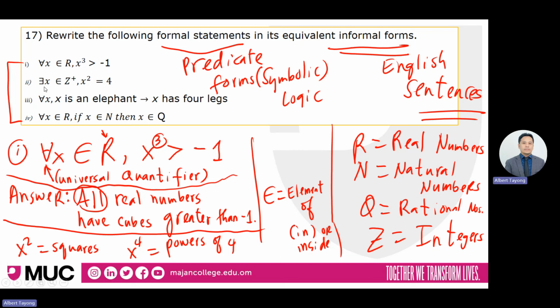Number 2 here we have this: there exists x in Z plus, such that x squared is equal to 4. So how do we change this? Whenever we see that symbol, we can use some, or we can use there exists.